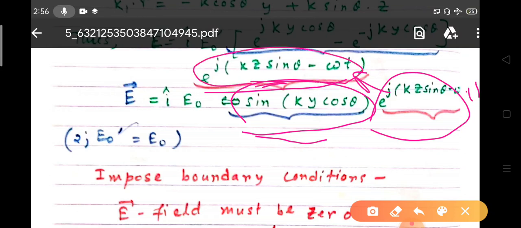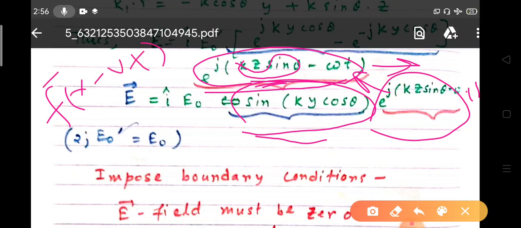It denotes a wave propagating along the z direction with a velocity omega by k sin theta. Whenever we describe a wave along the positive x direction with velocity v, we write it in the form f of x minus vt, or if it is going along the negative direction, x plus vt.